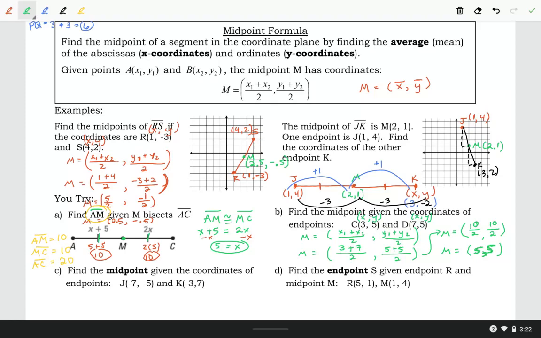Okay, now we want to find the midpoint given the coordinates of the endpoints, as J is -7, -5 and K is -3, 7. For the y's, we have -5 plus 7 over 2.